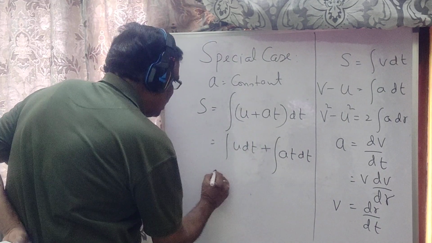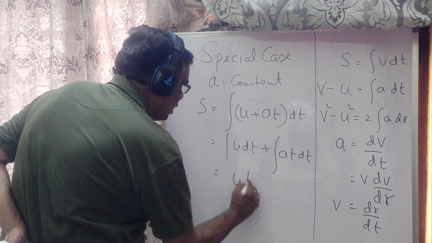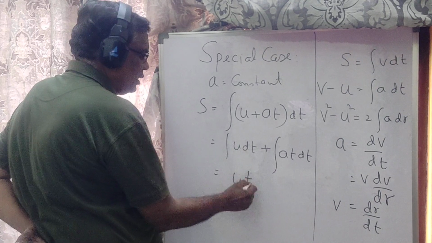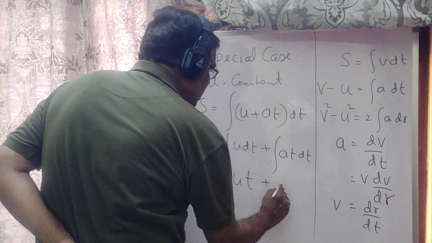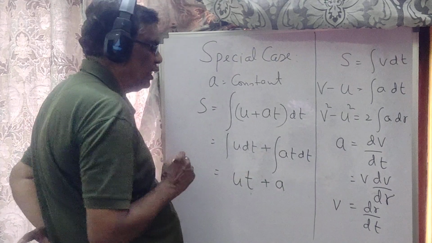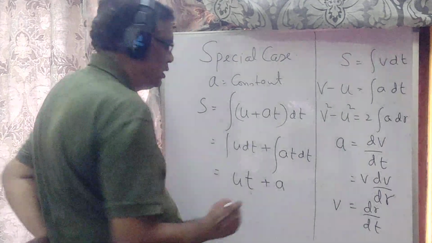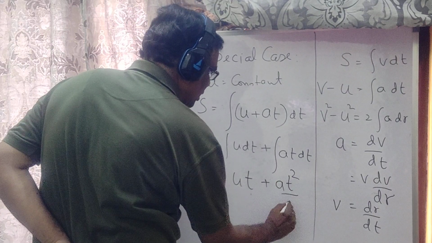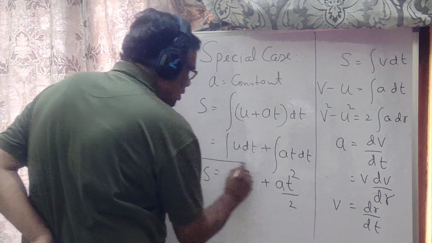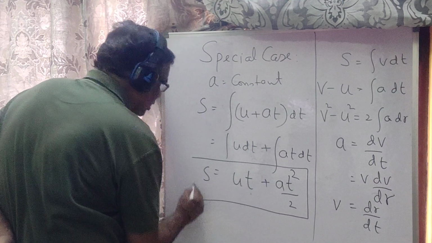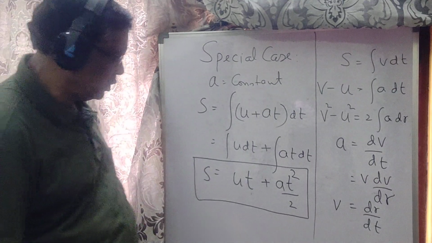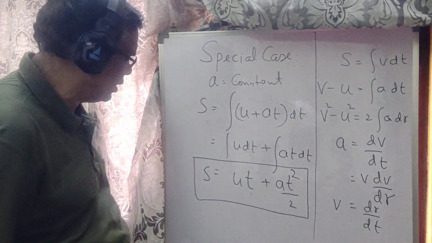Now u being constant, I can take it outside, and integral dt is t, and a is a constant I take out, and integral t dt is t square by 2. Now look, you have got that second equation of motion that you have already learnt in 9th standard.